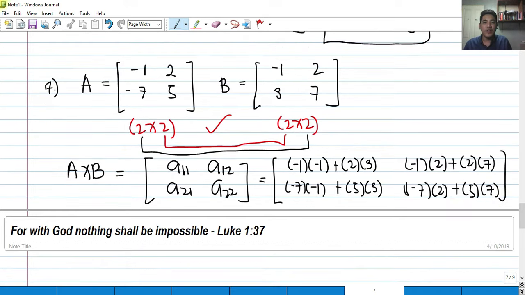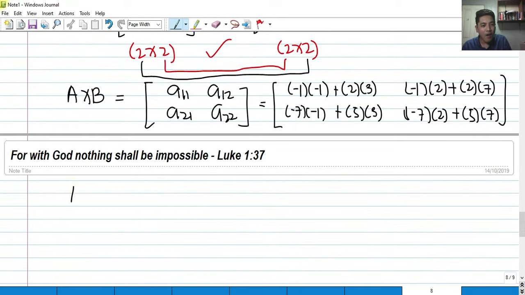Okay. So if we evaluate that, our matrix A multiplied by matrix B should be, we have 1, because -1 times -1 is +1, plus 6. Here we have -2 plus 14. Here we have 7, plus 15.